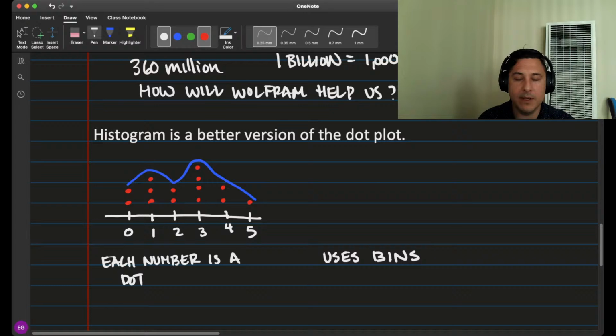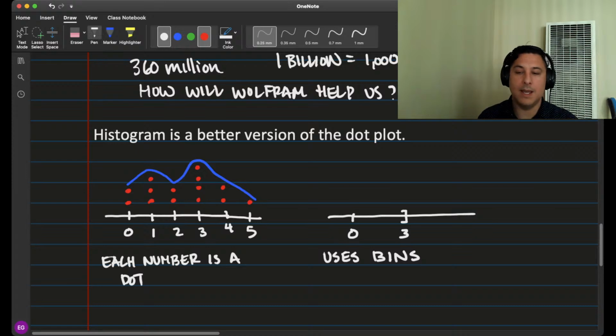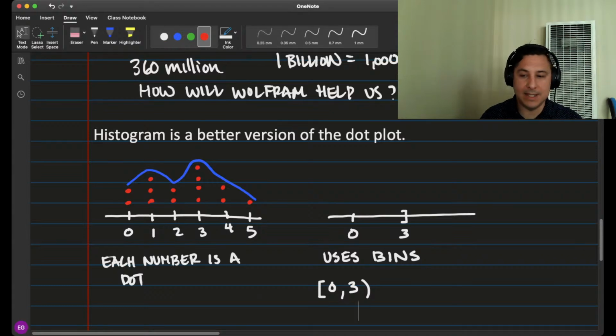So I'm going to make a histogram with 2 bins. Okay, so the first bin is going to go from 0 to 3. But what's going to happen is that 0 is included.